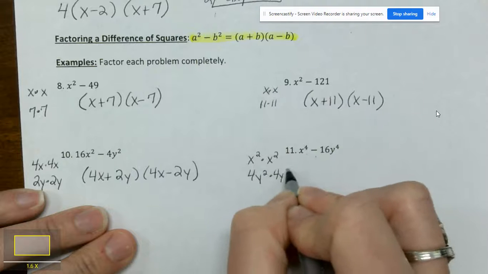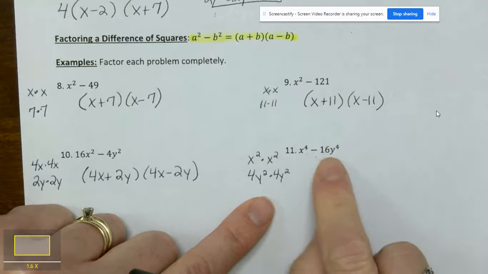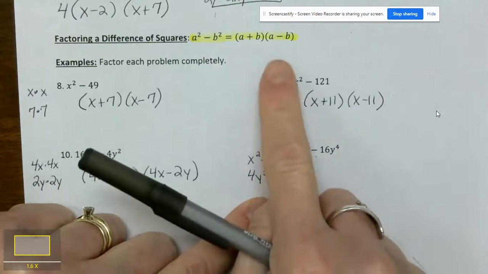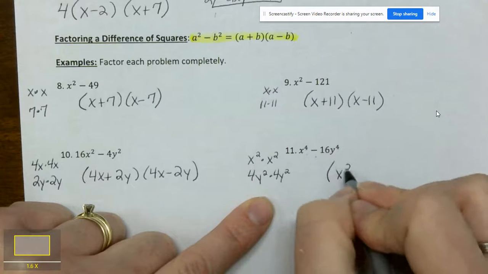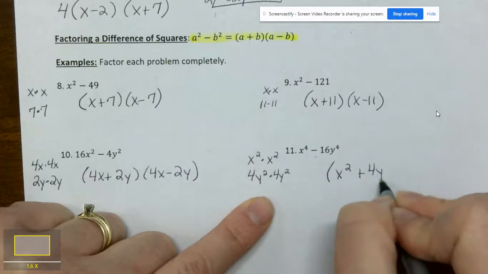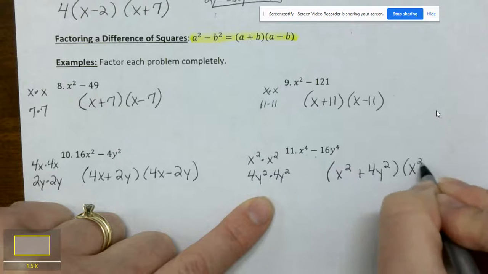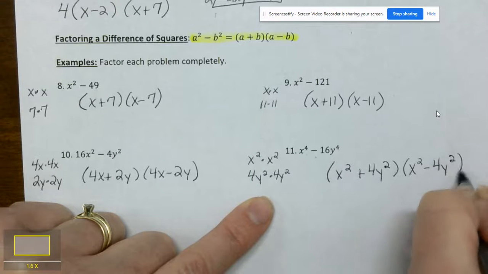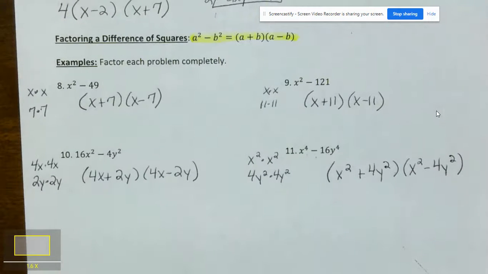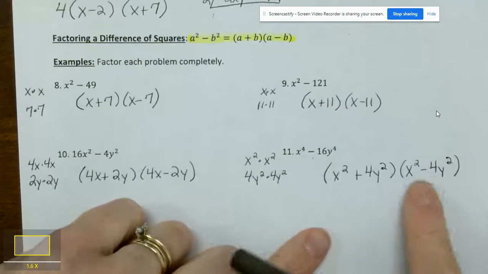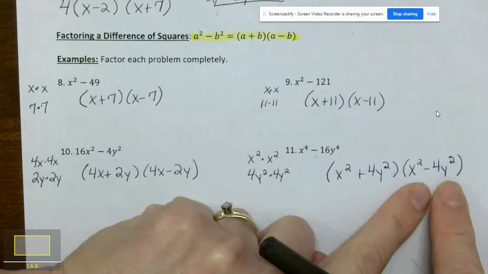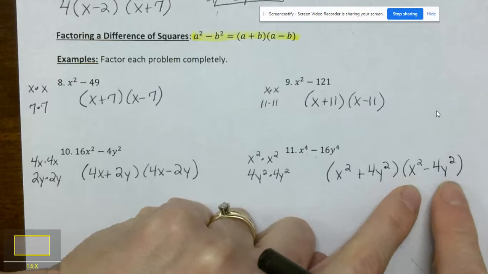So this is 4y squared times 4y squared to give us that one. So if I apply my rule up here, that's going to be x squared plus 4y squared times x squared minus 4y squared. Now, we've got to go one step farther on this one, because this right here is also a perfect square. X squared minus 4y squared is a perfect square.